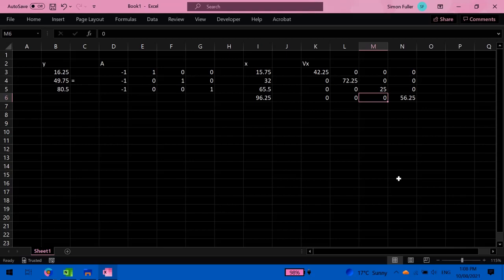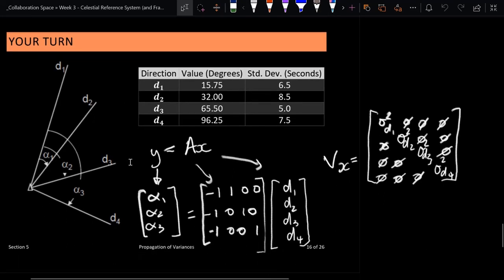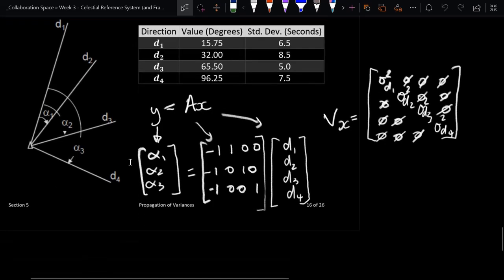We can apply the propagation of variances. So we know from equation 5.1 that propagation of variances, if we want to know the variance matrix of y, which is what we're after now, propagation of variances tells us this. So let's implement that now.